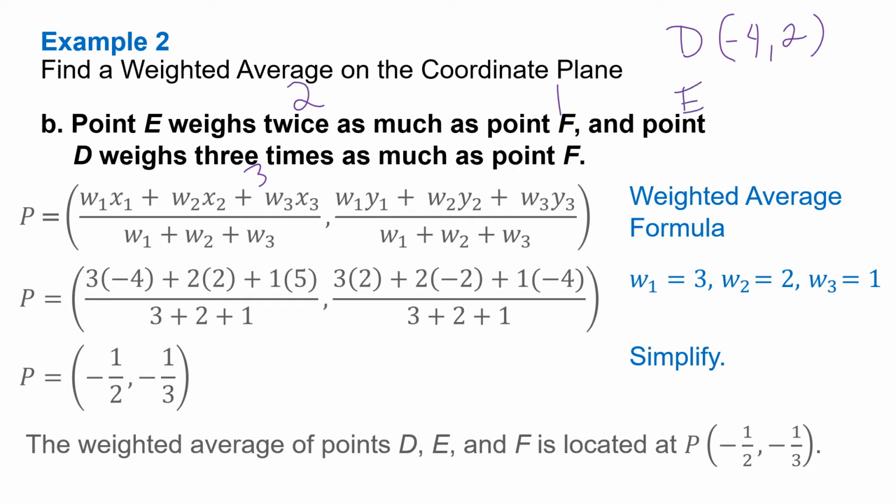E is the next point on our line segment on our graph, which was at 2, -2, and point F is at 5, -4. So we're going to substitute all of those values into our weighted average formula and find out that P is located at -1/2, -1/3.